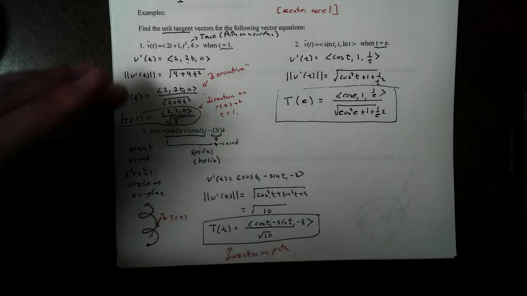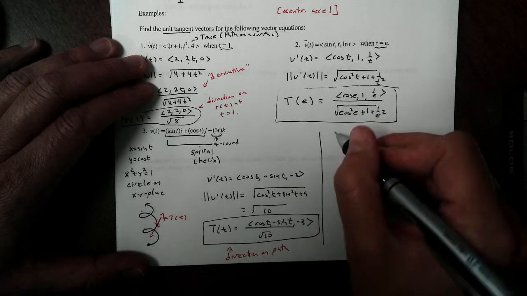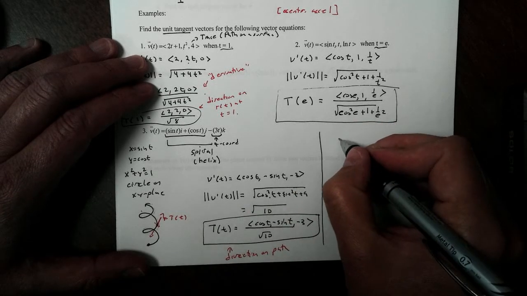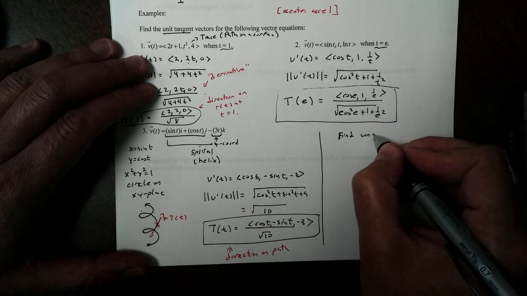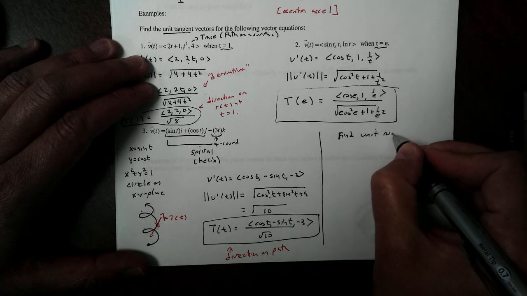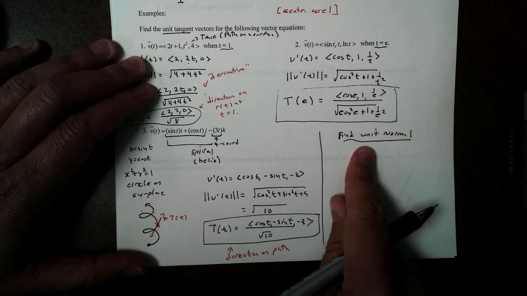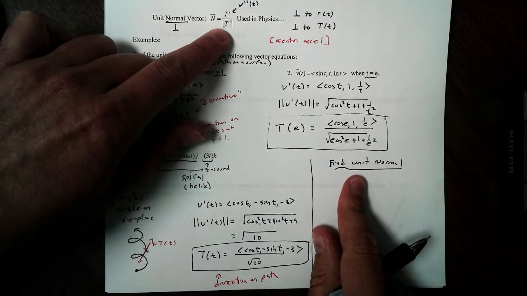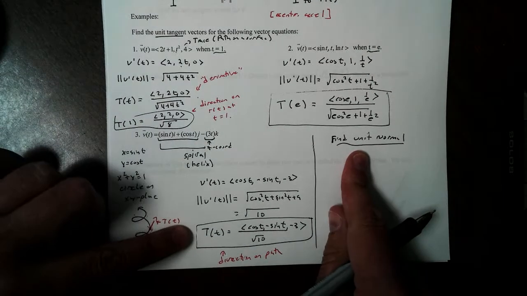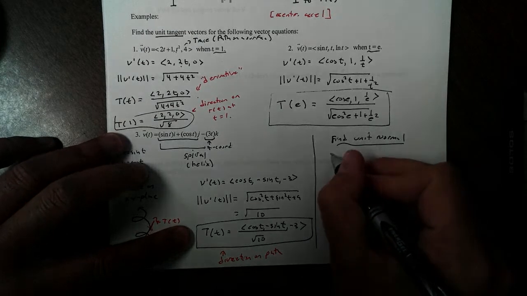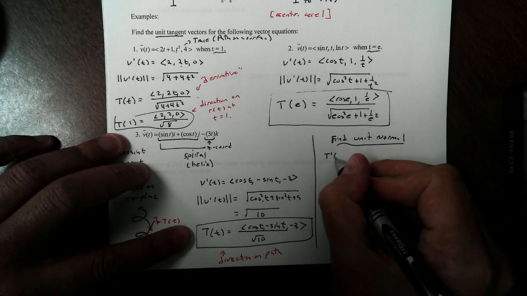Now, just for fun, we haven't done this yet, but let's go ahead and find the unit normal vector. Well, to do this, my rule is that I need the derivative of my unit tangent. So I'm going to get my derivative.